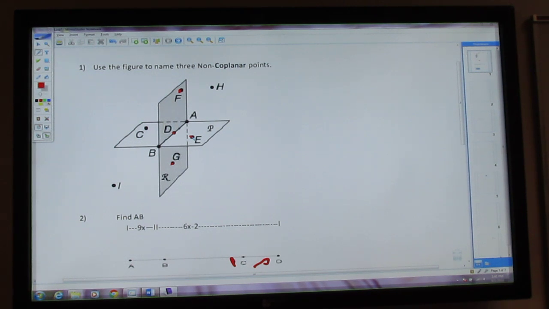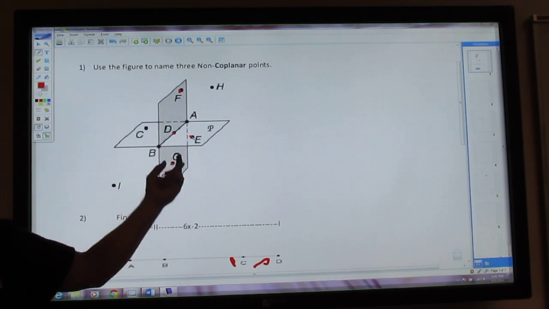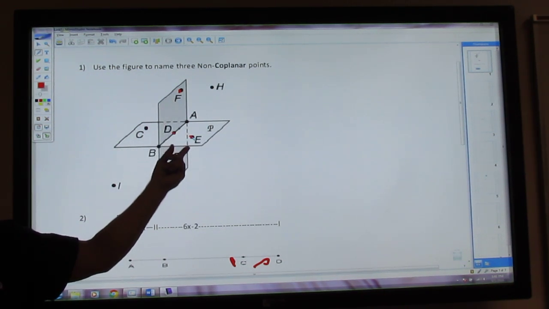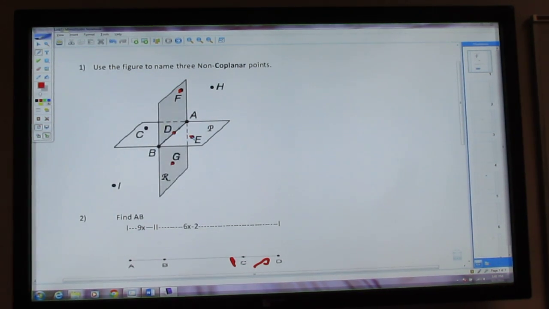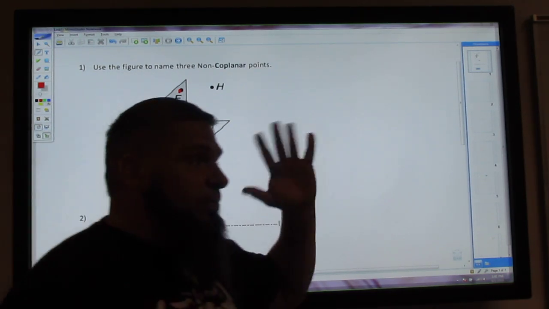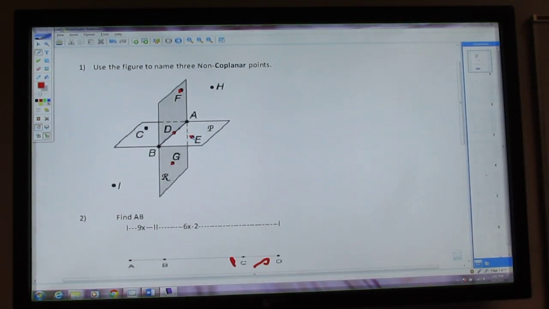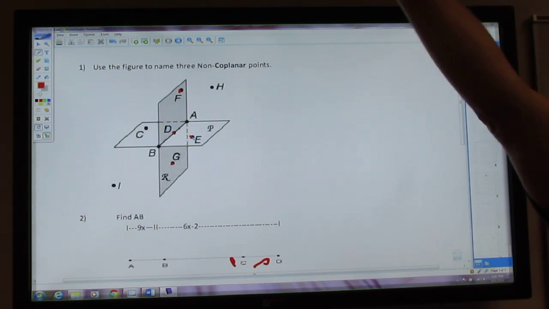If I wanted 4 coplanar points, then I would choose A instead of E, because they would be on one plane. Think of planes as like the walls. Each wall is its own plane. The floor is a plane. The ceiling is a plane.